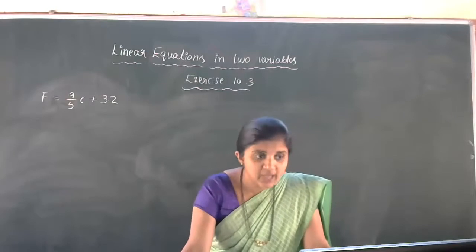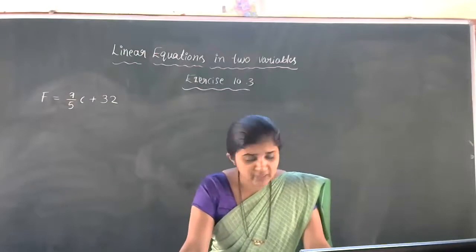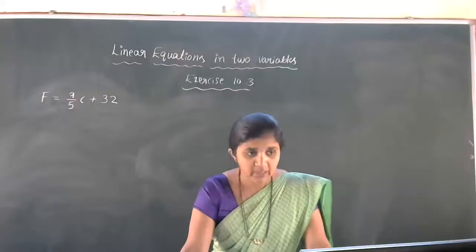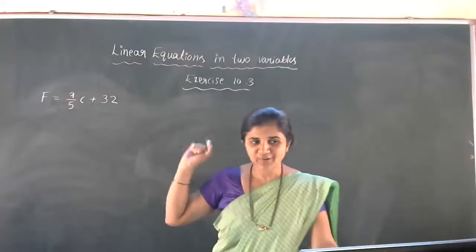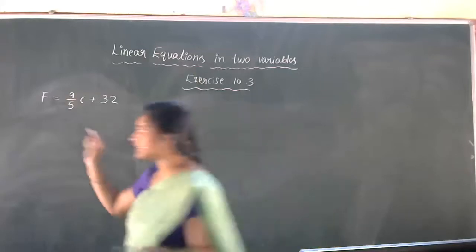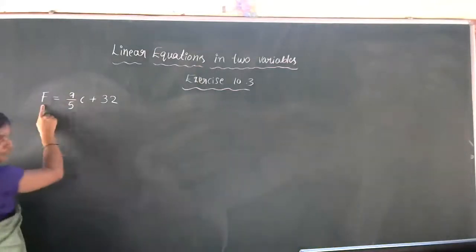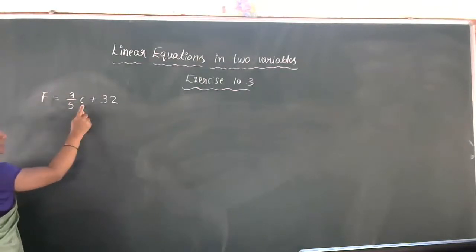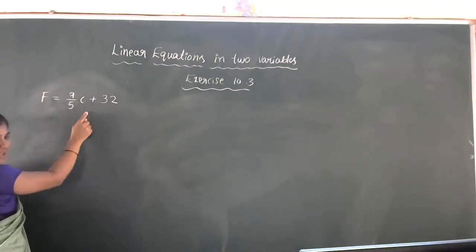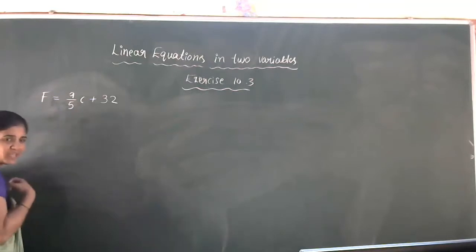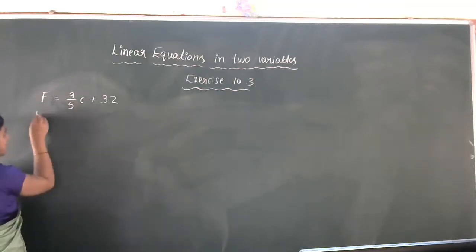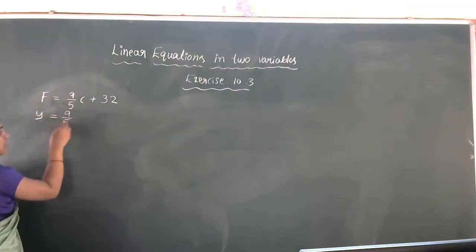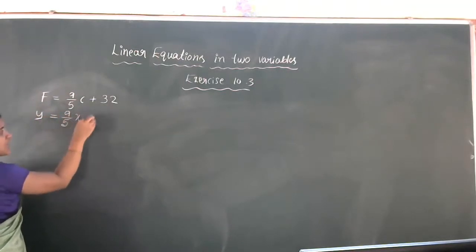So now, first question: draw the graph of the linear equation above. Now this is a linear equation. Do you agree, students? Here F is there, C is there. You can take F as Y and C as X. Linear equation in two variables you will get now. You can write F as Y is equal to 9/5 Celsius as X plus 32.